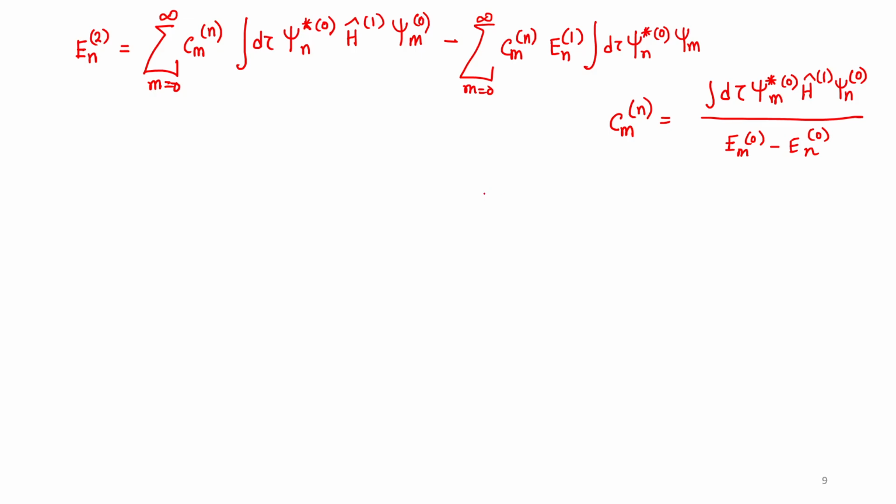Okay, so m can be anything from 0 to infinity with this condition. Again we have a summation. We need to see if all the terms are going to vanish and only one term is going to survive. In the second term of the right hand side, when m goes to n, only that integral is going to survive.